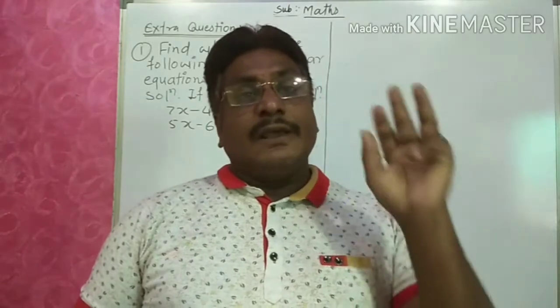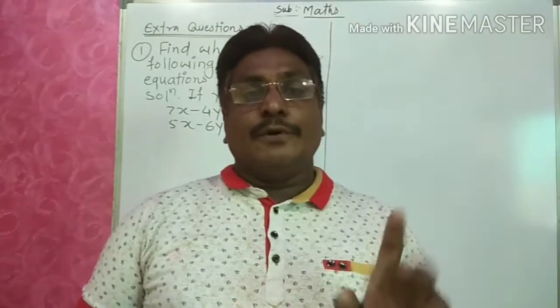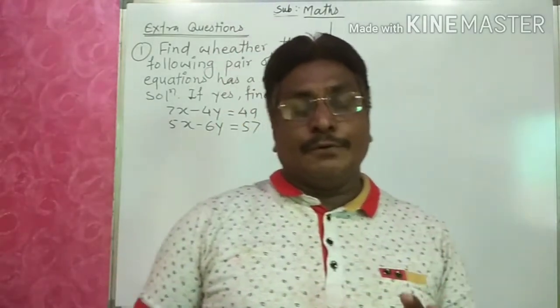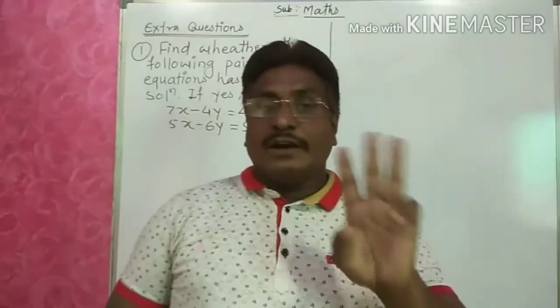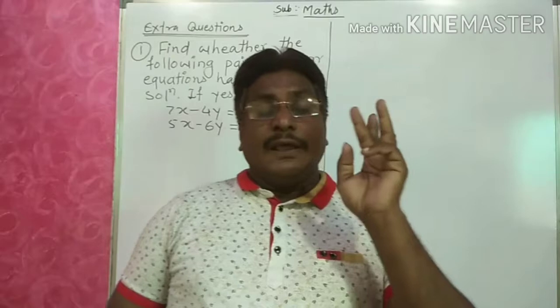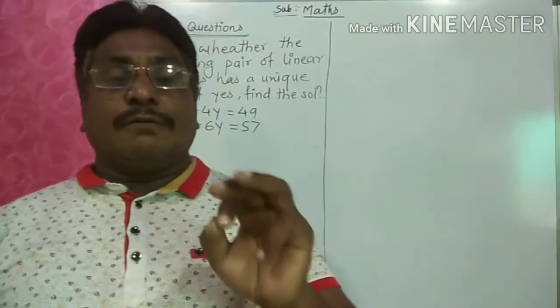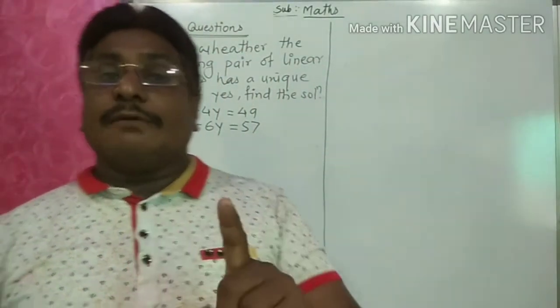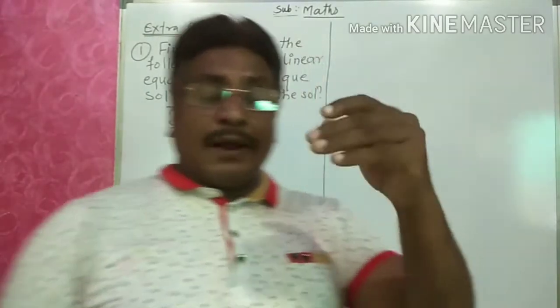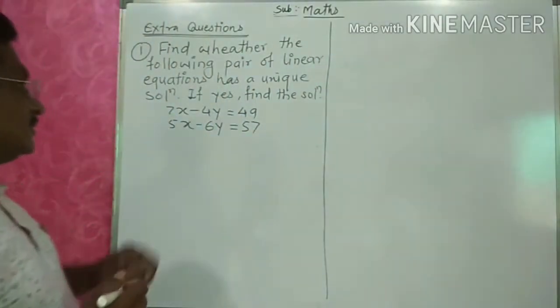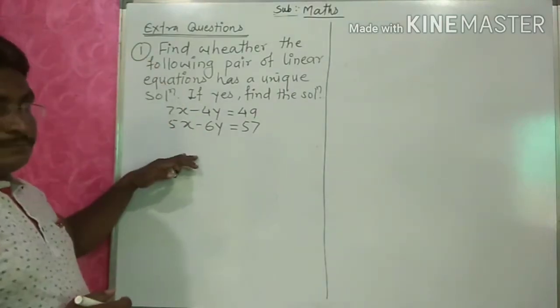Second condition, a1 by a2 equals to b1 by b2 not equals to c1 by c2. Third condition, a1 by a2 equals to b1 by b2 equals to c1 by c2. Studied this? So by using these conditions, we have to decide.